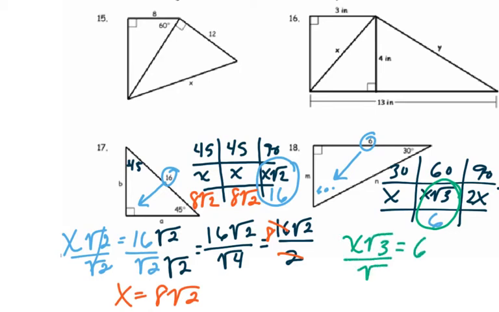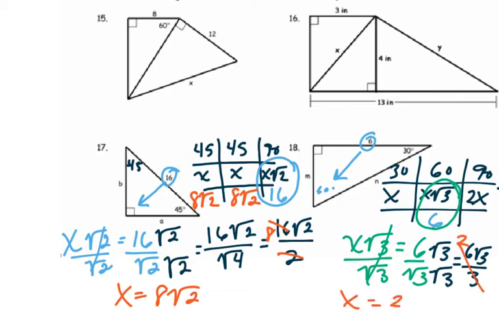I get x by itself. I rationalize the denominator. I can simplify. So my answer is x equals 2 times the square root of 3.